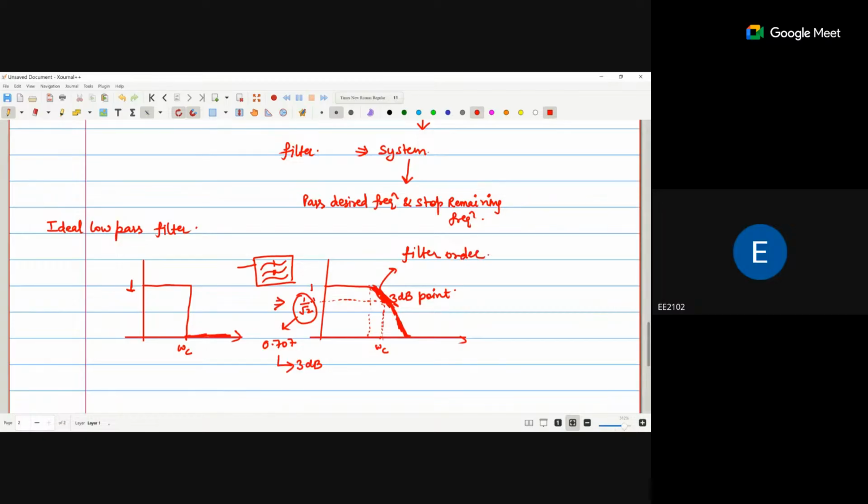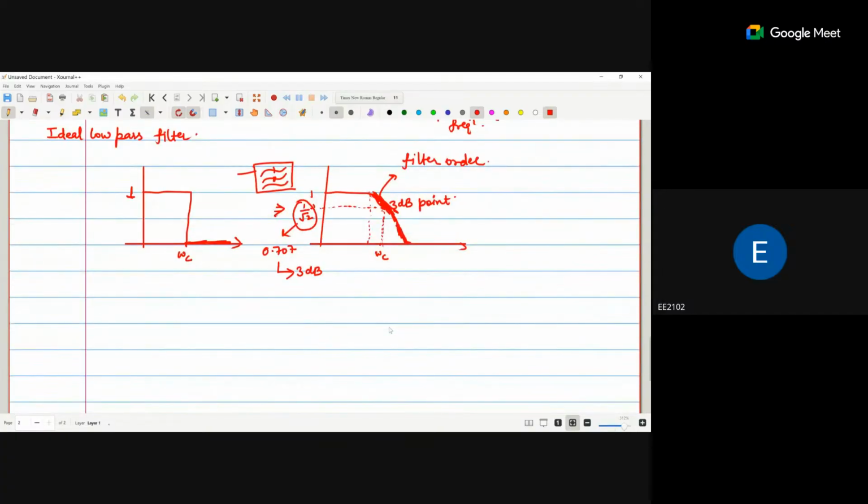When you go with the control system, you can see this particular transition from the pass band to the stop band. Okay, this transition will be defined by the order of the filter. If we are saying that our filter is first order, the slope is minus 20 dB per decade.